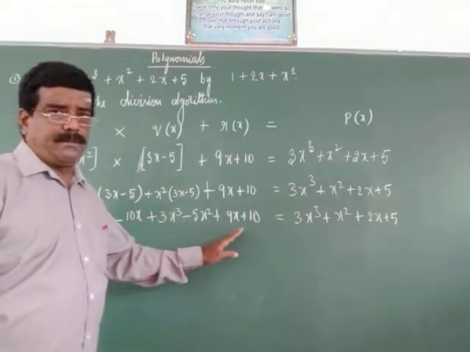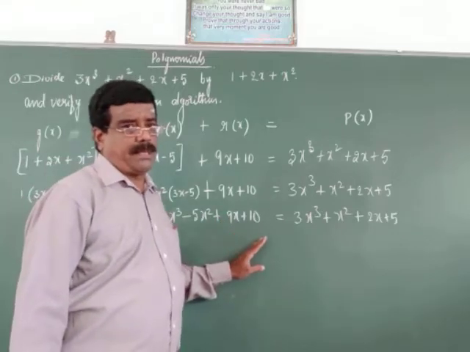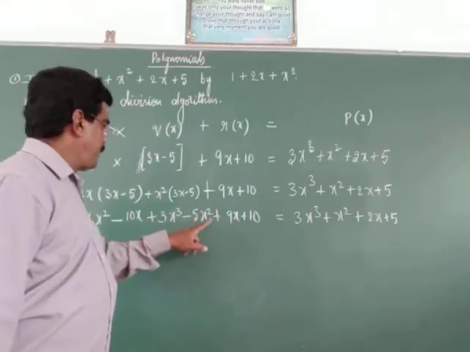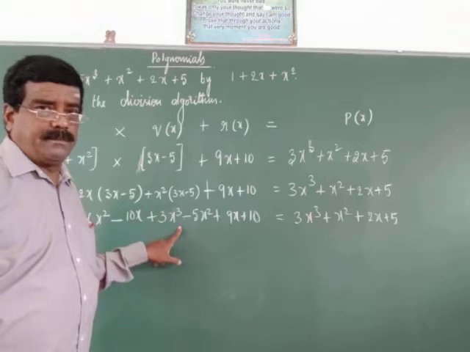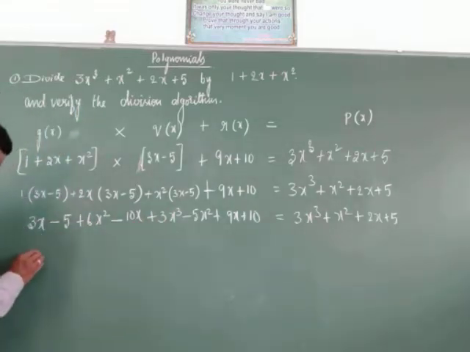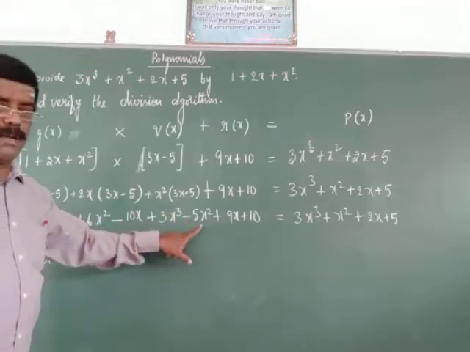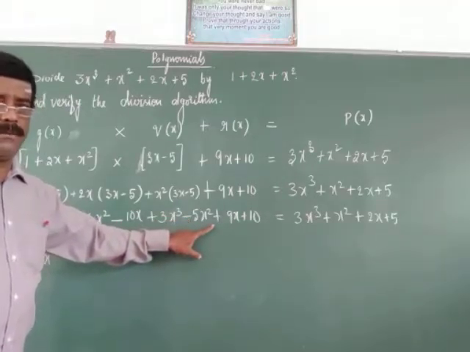While grouping, to avoid one step, better write in the standard form. Standard form is general form. For example here 3x cube is there. You write this first. That is 3x cube. Then x square. You can see here plus 6x square is here, minus 5x square is here. So better group it.